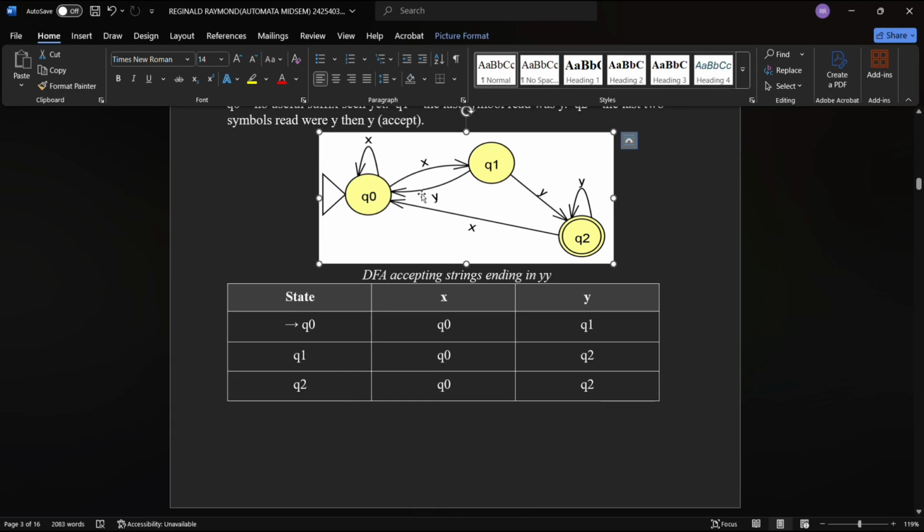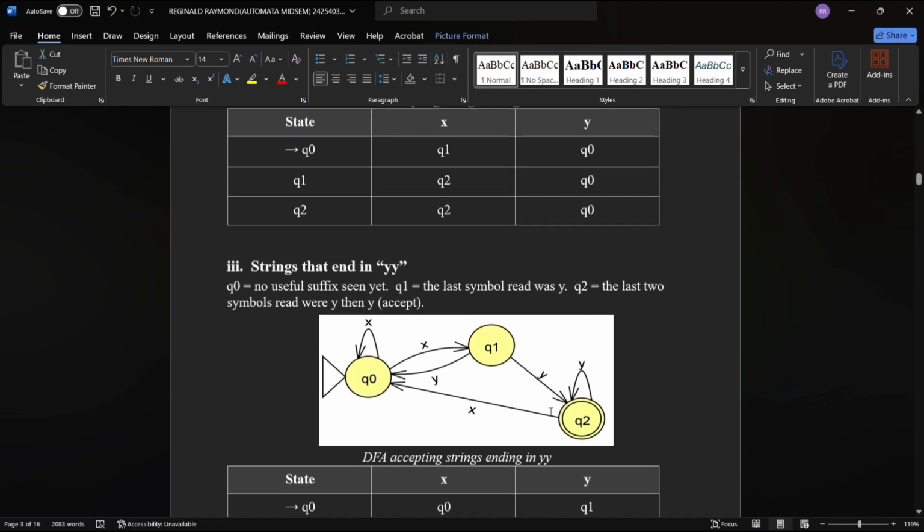When it receives Y, it goes towards Q1. In Q1, when it receives X, it goes towards Q0. When it receives Y, it goes towards Q2. In Q2, when it receives X, it goes to Q0. When it receives Y, it goes to Q2 itself. So that's all for the B.